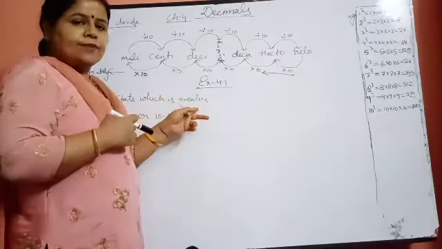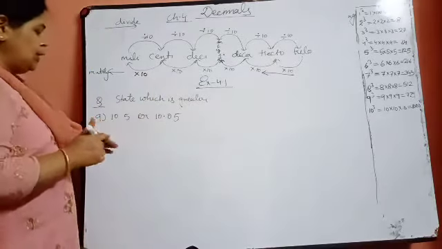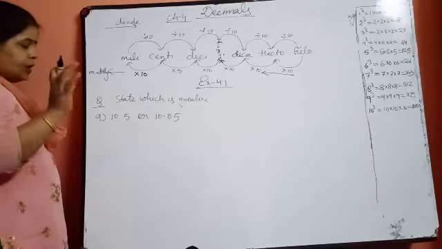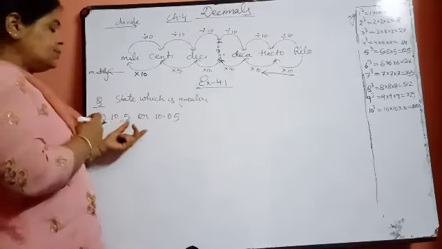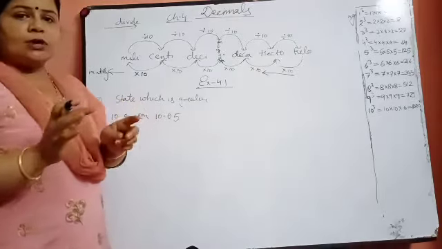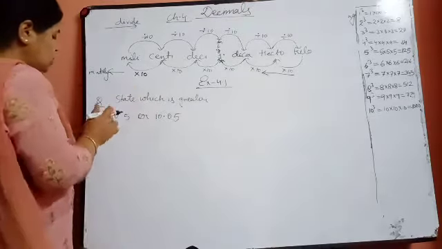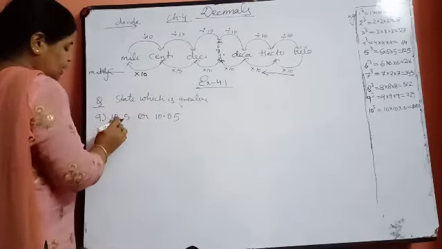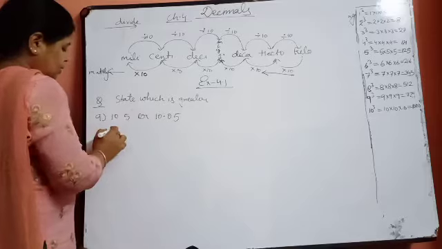State which is greater. It is very simple how you will do it. Whenever you have to compare decimal values and decide which one is the greater and which one is the smallest, what you will do in this case is, first of all, you will decide the before decimal value.